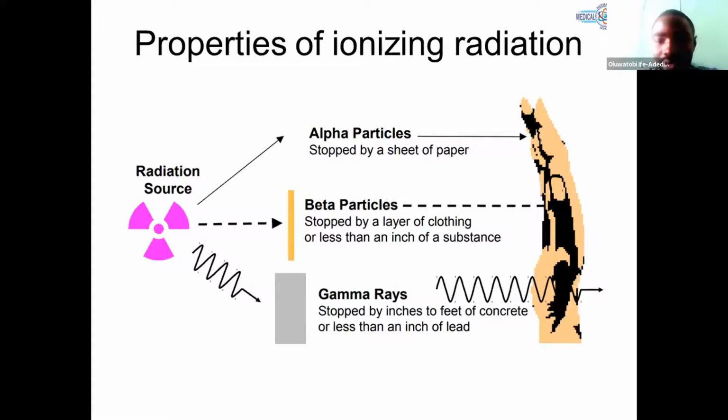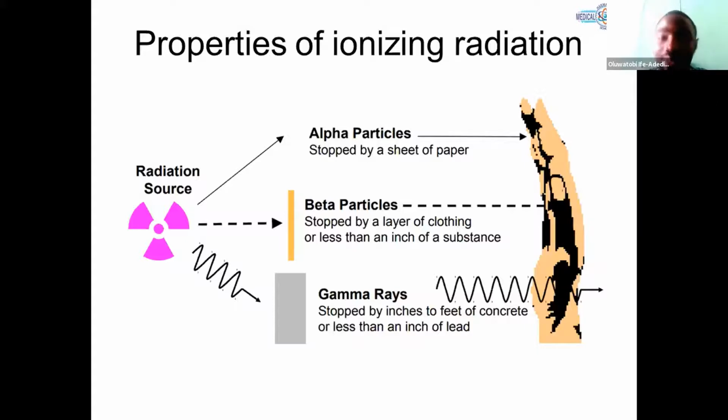So we can see in that figure that they can be stopped by a sheet of paper, followed by beta particles and gamma rays. Gamma rays have the highest penetrating powers. And the penetrating power is inversely proportional to the ionization power. So the higher the penetration, the lower the ionization tendency.